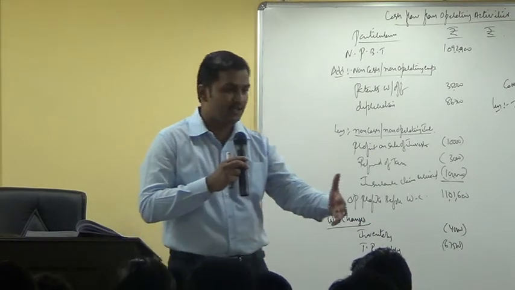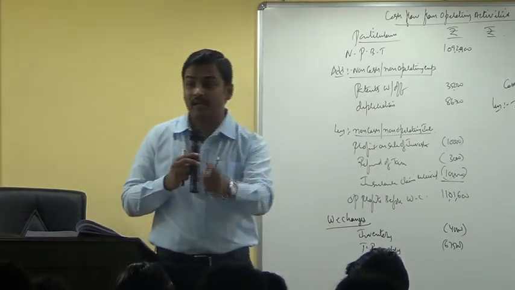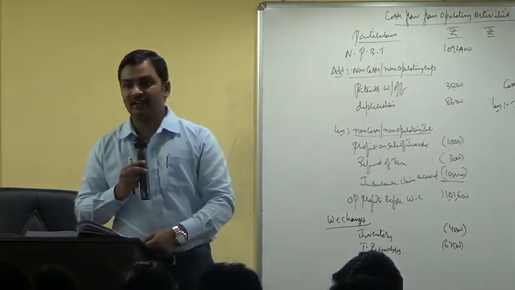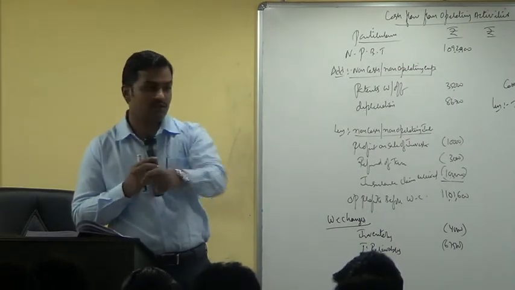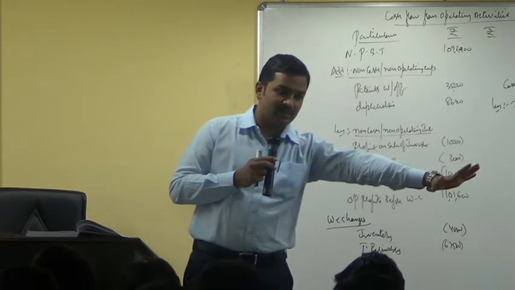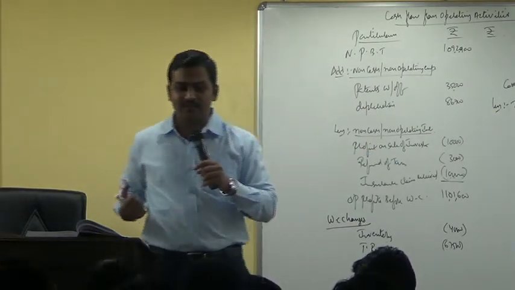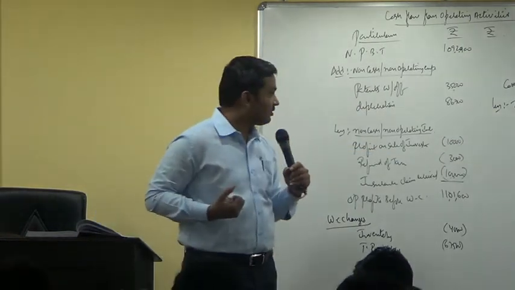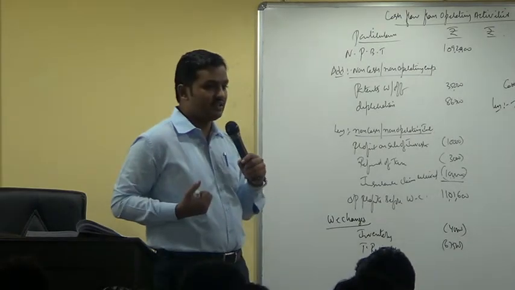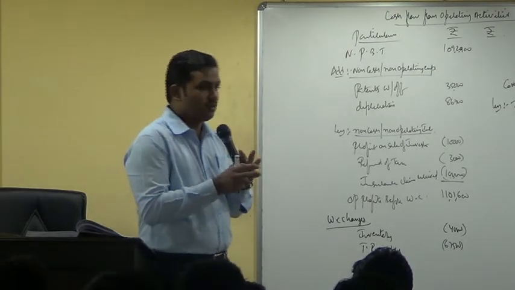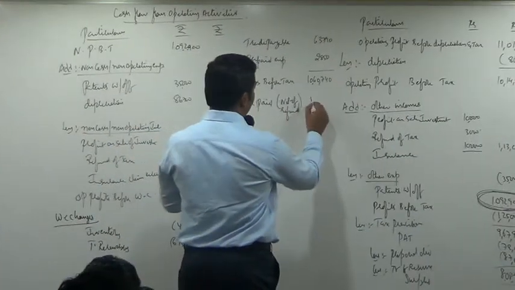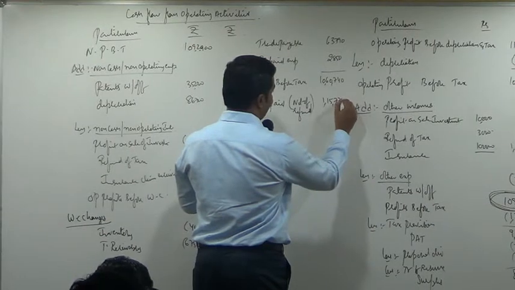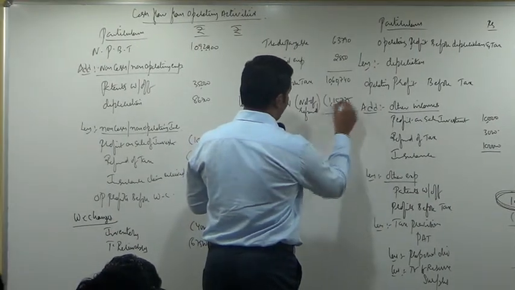It would have been paid during the year, 1,18,775. But in the P&L account, we see some refund of tax also. We received 3,000 rupees as refund of tax. So the net amount of tax we have paid is 1,15,775.